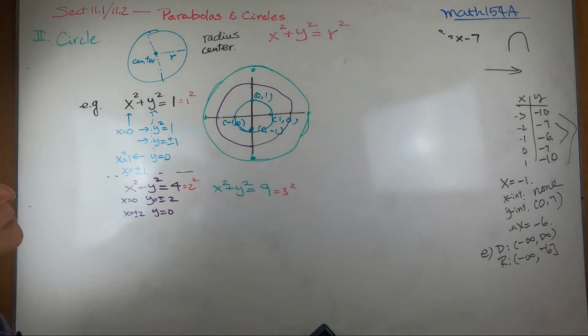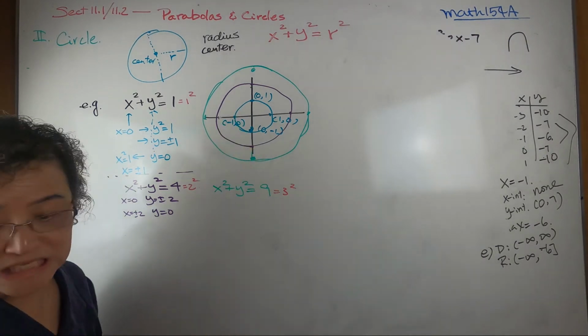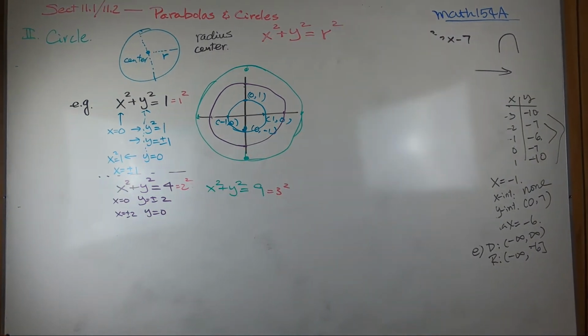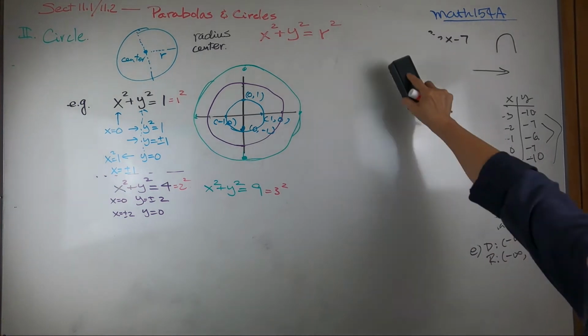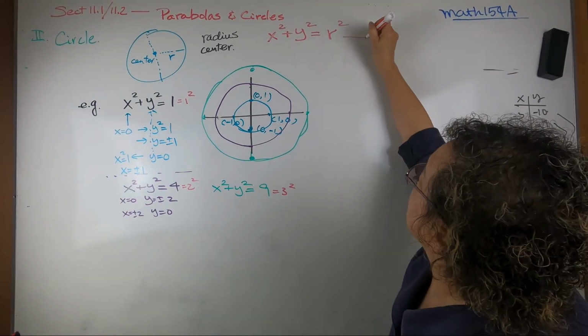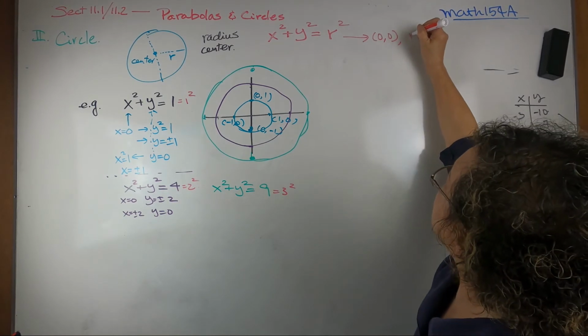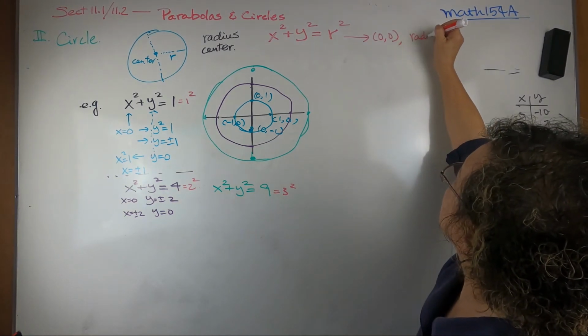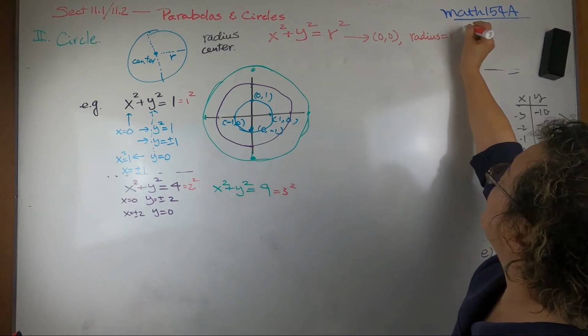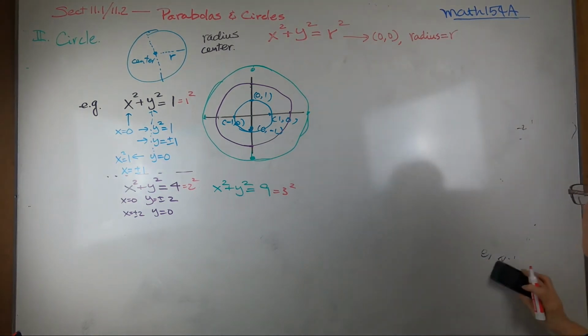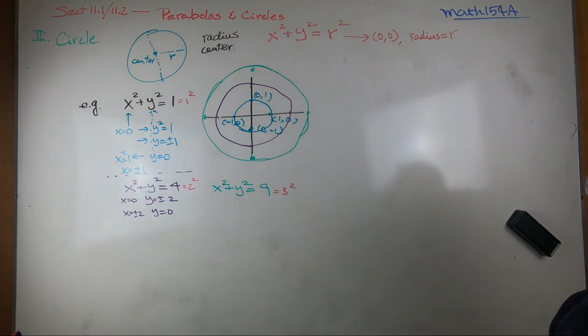That means what? What is your center? What is your radius? If you have that equation, it means you have the center at (0, 0), and the radius equals what? r, right?